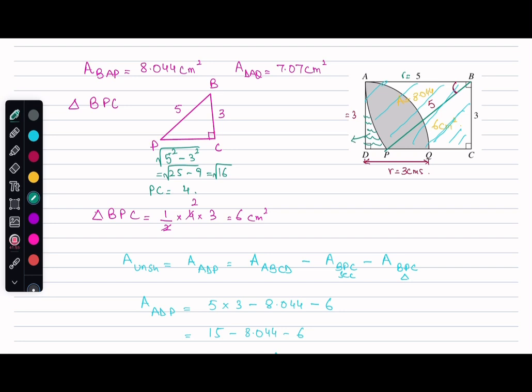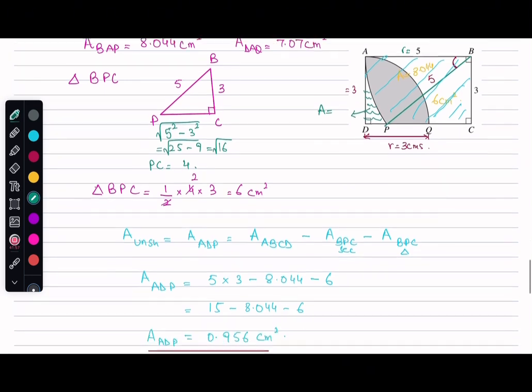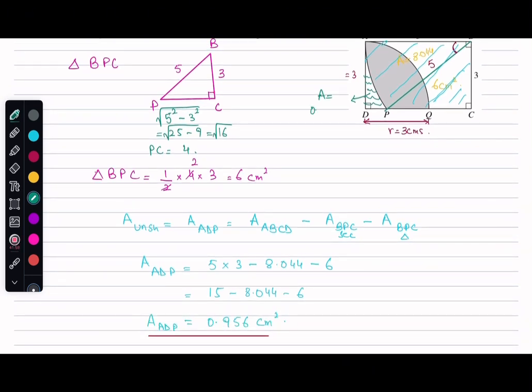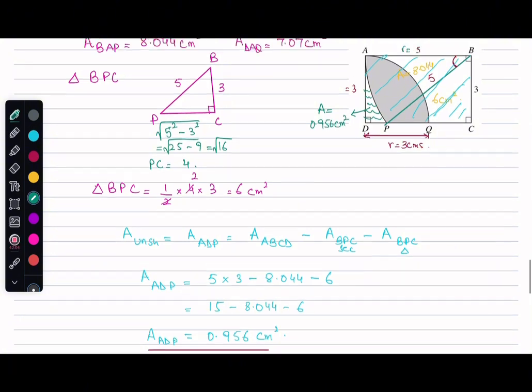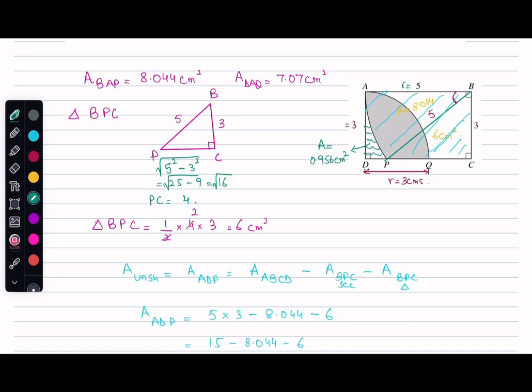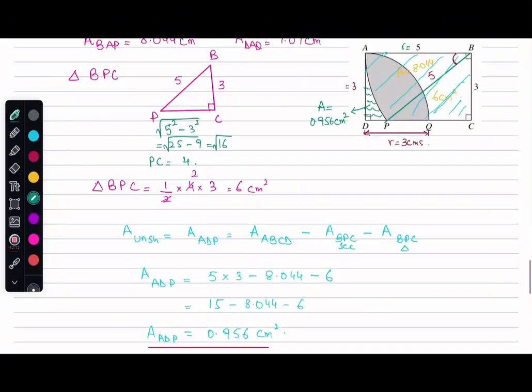Now we are left with another unshaded region, which I will mark in purple. This is the unshaded region that is left over here.